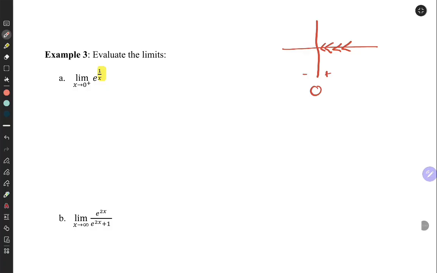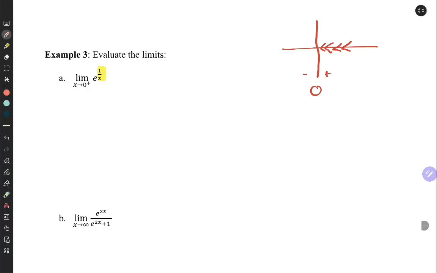What would be your answer? One? One for 1 over x or one for the whole thing? Keep going. One is not an answer, so you can eliminate that option.